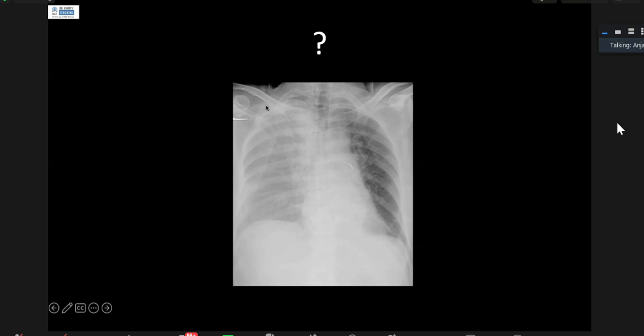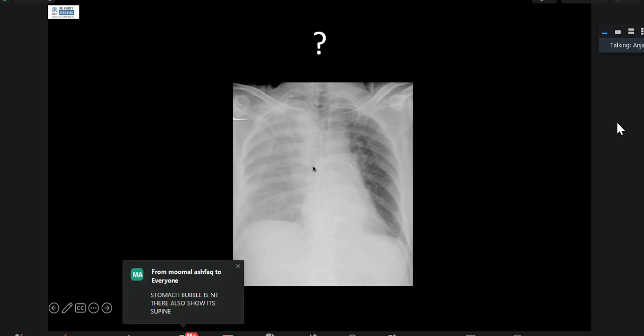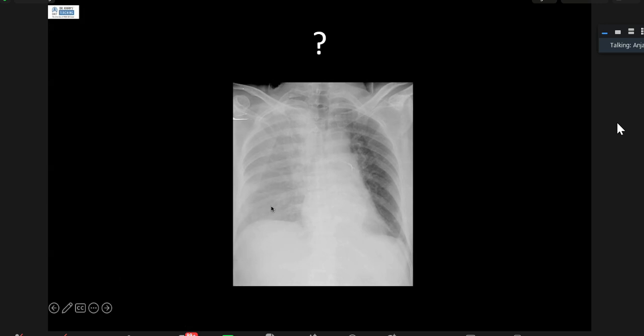When it's not like this, you may not be thinking along those lines. So interrogate again and see, could it be pleural effusion in the supine position? This doesn't fit with a typical pleural effusion. This doesn't fit with a consolidation, where again, it should have obscured the underlying lung, and it should have taken away the borders of the mediastinum and diaphragm. So nothing else fits with this. This is pleural effusion in the supine position.